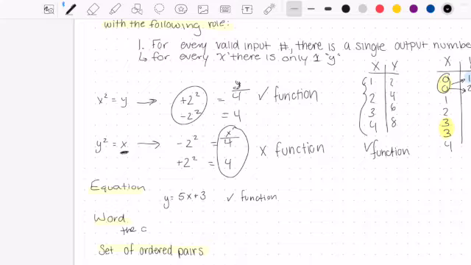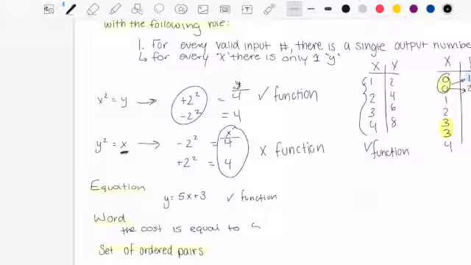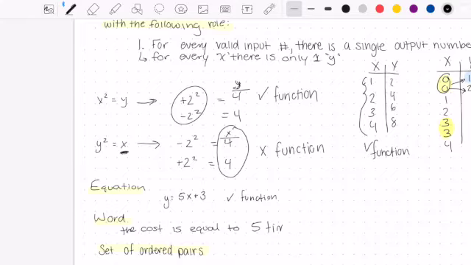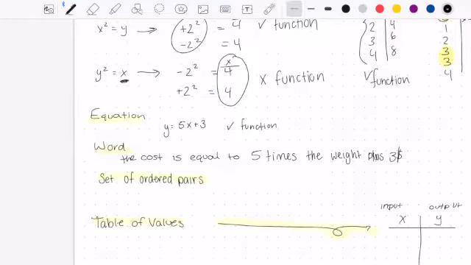And I could write something out in words where I could say the cost is equal to 5 times the weight plus $3. Okay, that might be the problem in words.